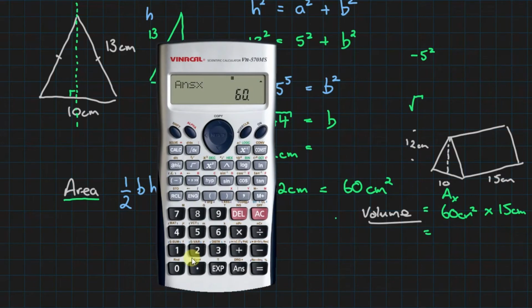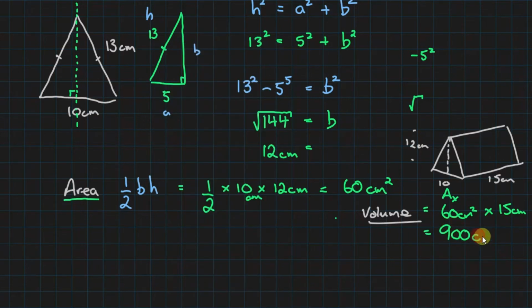I'm going to multiply that by 15 to give me the volume of the prism, 900 centimetres, centimetres squared by centimetres, centimetres cubed. That's also the same as cubic centimetres or millilitres. So this box is 0.9 of a litre. Okay, just a little side note on units.